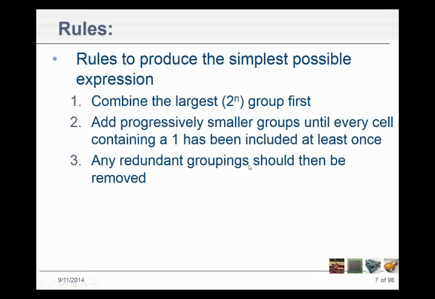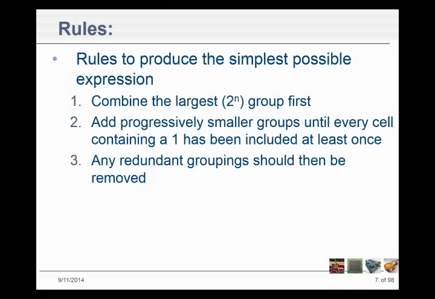So you find the biggest group that is 2 to the n. The largest we're going to get to is a 4 by 4 map. So we've got 1 by itself, 2 of them together, 4 together, 8 together, or the whole thing.